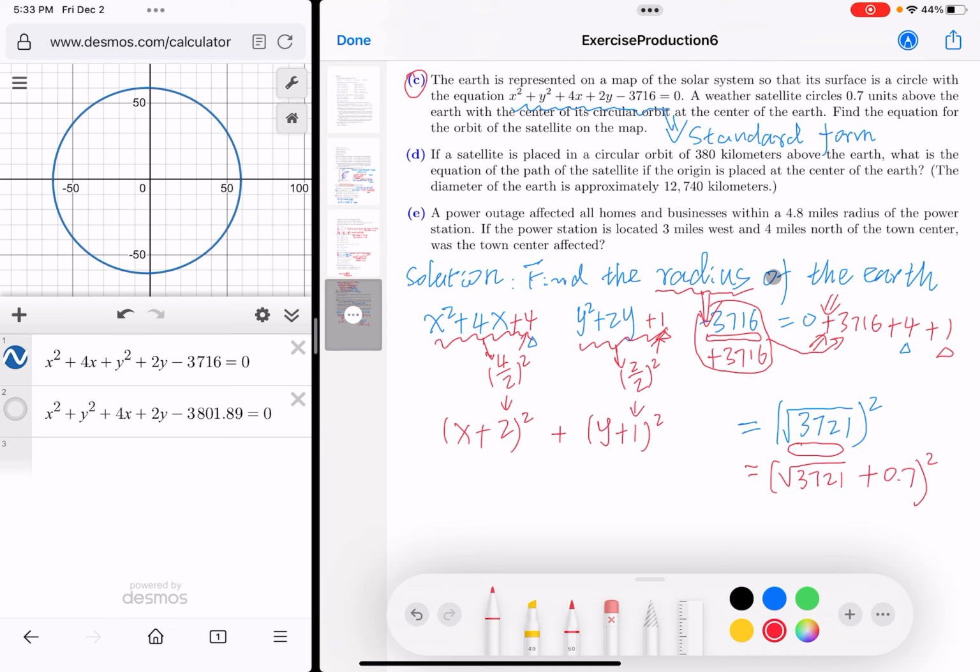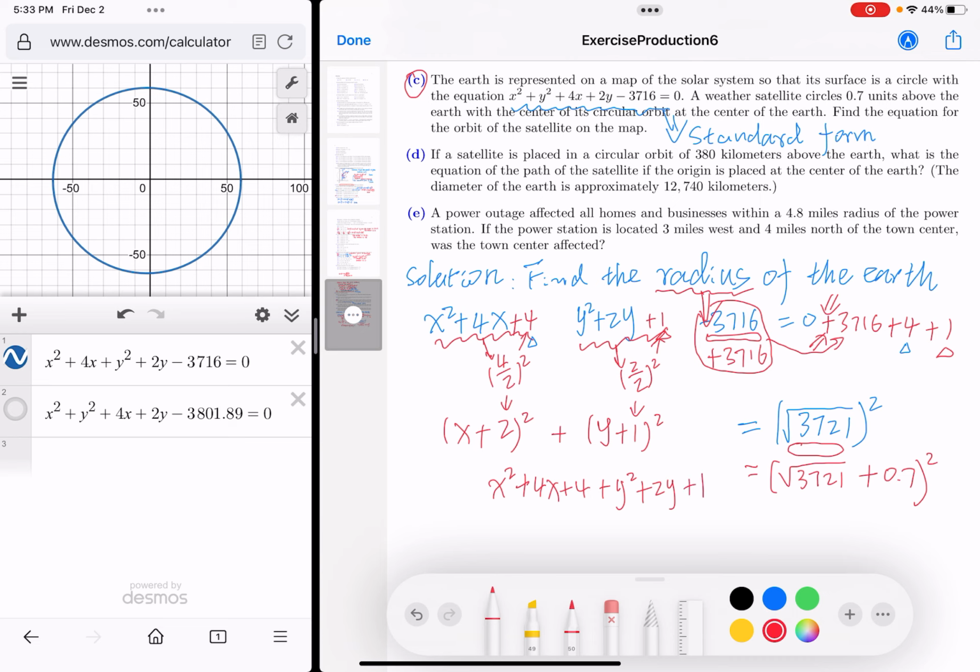So why not just copy the expanded form, x squared plus 4x plus 4, and then here plus y squared plus 2y plus 1.